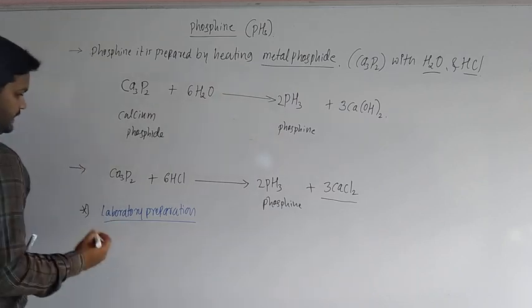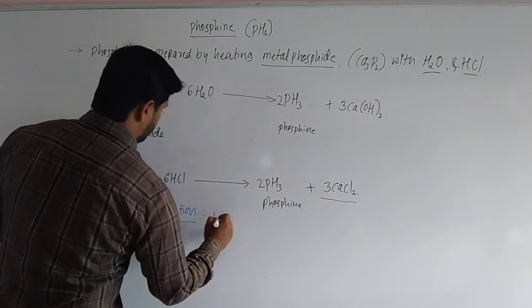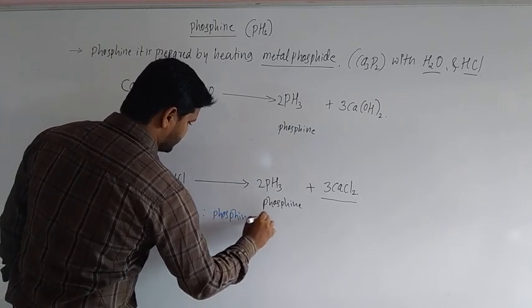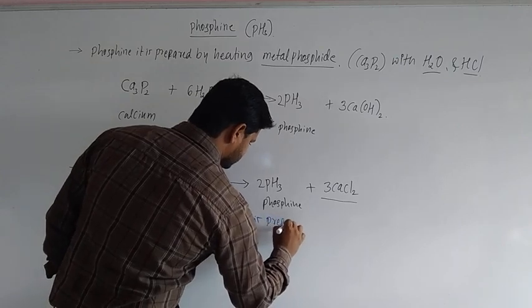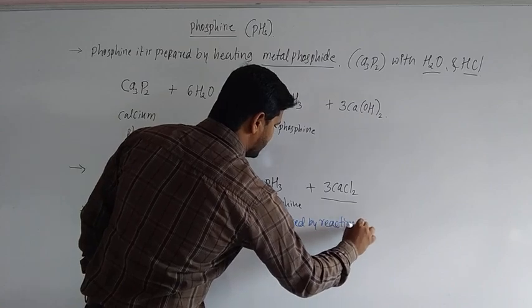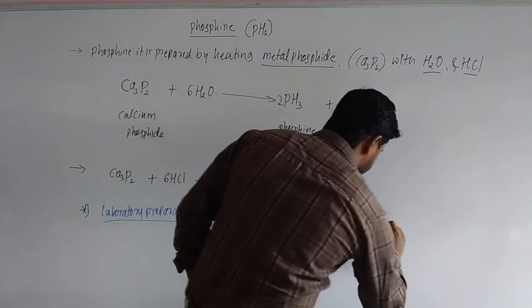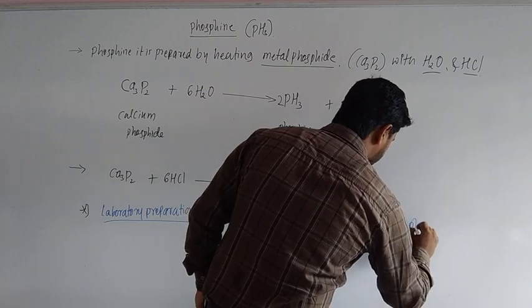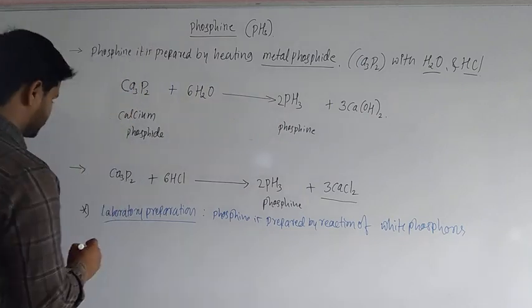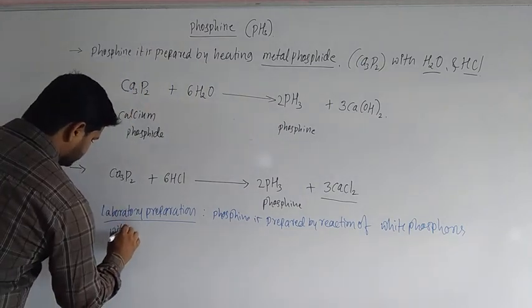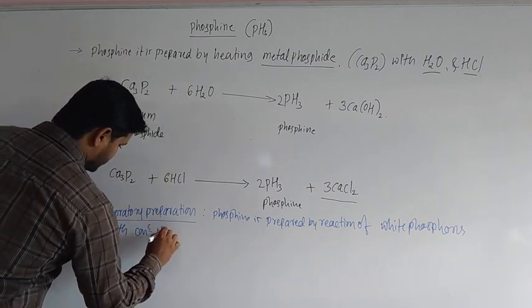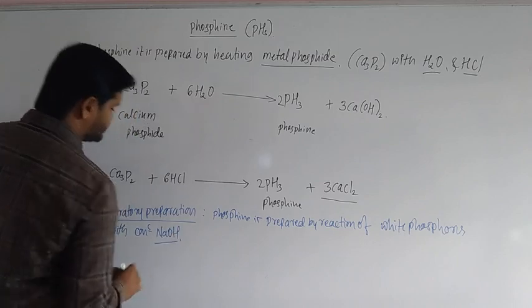Phosphine is prepared by the reaction of white phosphorus with concentrated NaOH and water.